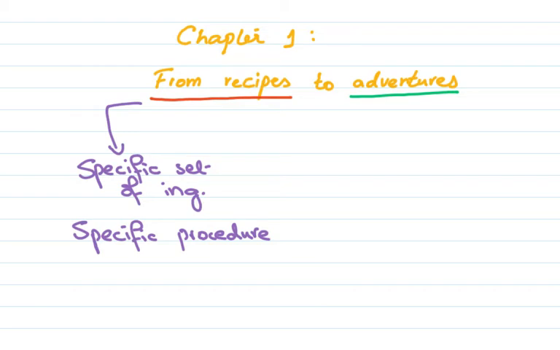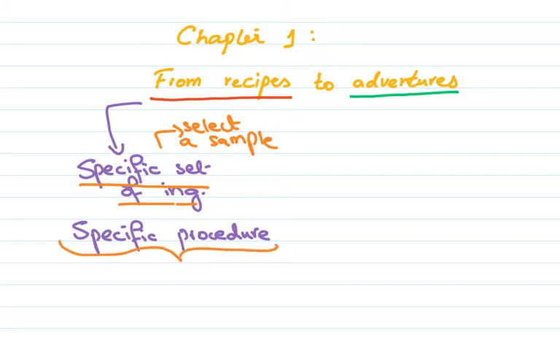Quantitative research is somewhat similar in the sense that you have these very specific sets of instructions in terms of how you're supposed to, for example, select a sample, right? Or what sort of test you're supposed to run, which is the specific procedure.